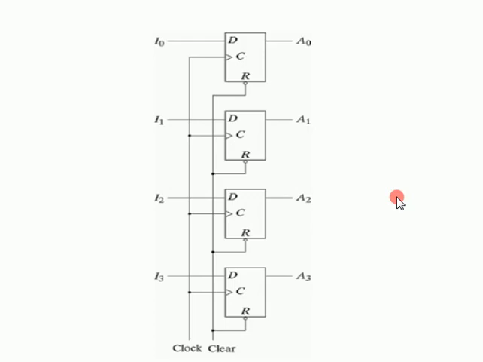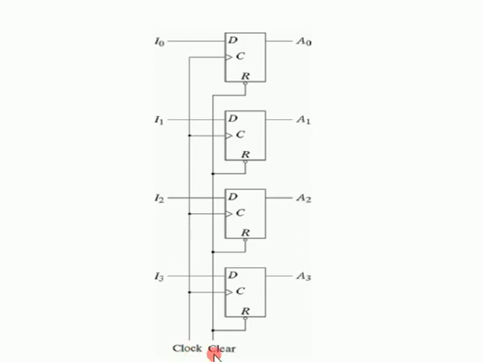One more thing you may notice is that we are applying a clock pulse, and this clock pulse is applied to all the flip-flops present here. In this D flip-flop, one input is I0, and here is the clock pulse, and the same clock pulse goes to the next one, and then the next, and then the next. So the same clock pulse is applied to all of them.